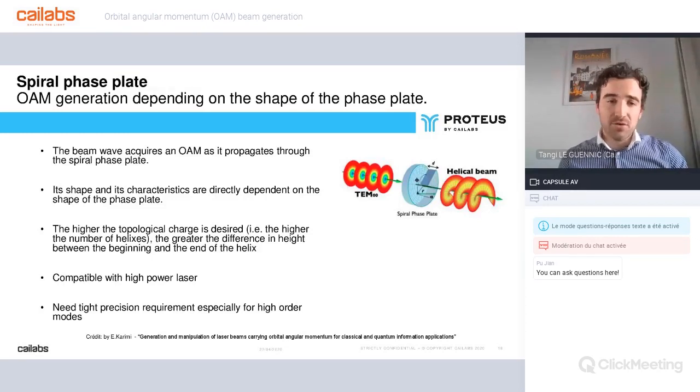The higher the topological charge needs to be, the greater the difference in thickness between the beginning and the end of the helix will be. The spiral phase plate has high conversion efficiency and can be used with high power lasers. But it also has the limit that it can generate a single mode only, and it needs tight precision requirements, especially for high order modes.